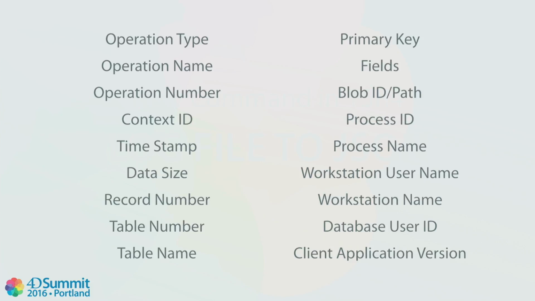Not only that, it gives you additional information like who the user is, or even from what workstation. Some of that information really helps when you have to do some kind of analysis and tracking. The information comes in automatically; 4D does it. You don't have to do anything. The only thing you need to do is convert it into a format that you can use in a different project, or any way you want to use it.